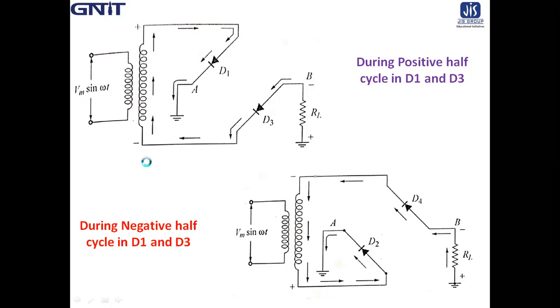So diodes D1 and D3 become forward biased, and diodes D2 and D4 become reverse biased. So only diodes D1 and D3 conduct and are in series through the load resistance RL.